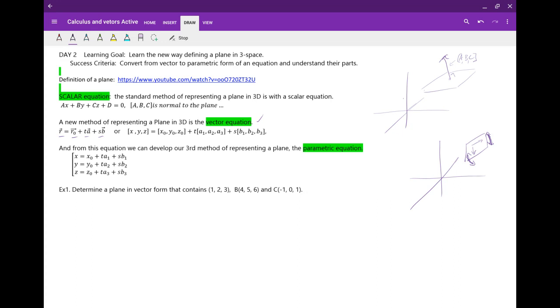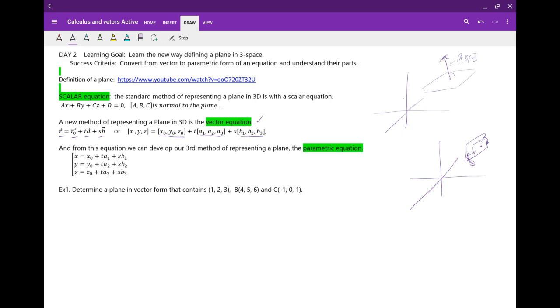If I can narrow down on two slopes, then I can basically define a plane. The third thing I need is a point. So in order to define a plane, I need a point and two slopes. Here are the two slopes for my plane, and here's the point, the starting point.